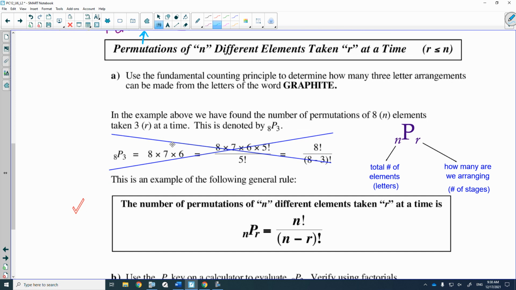It says use the fundamental counting principle to determine how many 3-letter arrangements can be made from the letters of the word graphite. So 3-letter arrangements says that we would have 3 stages. The word graphite has 8 letters.